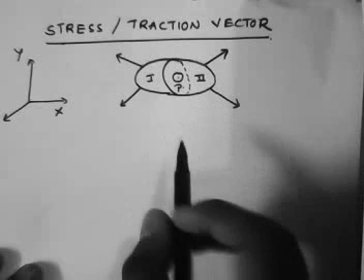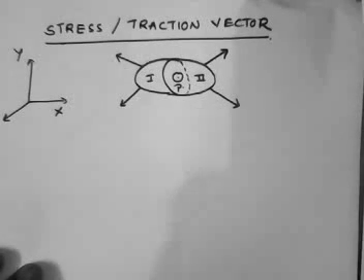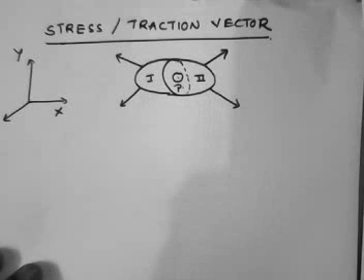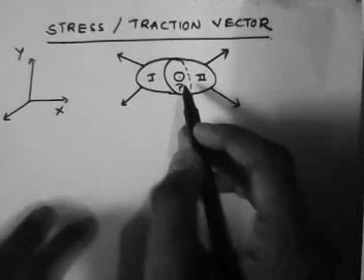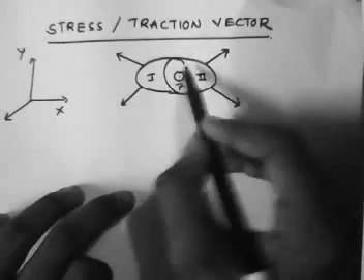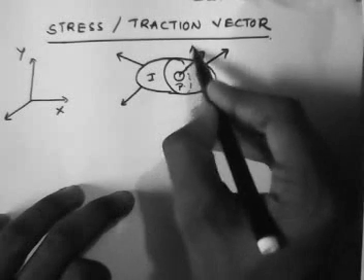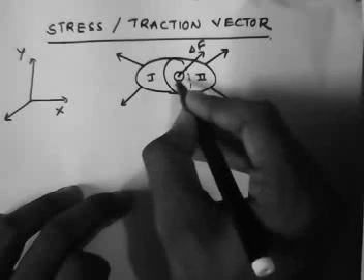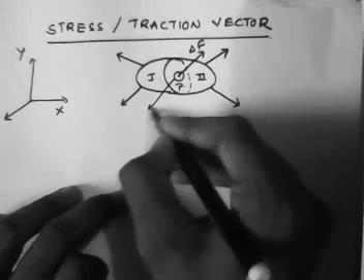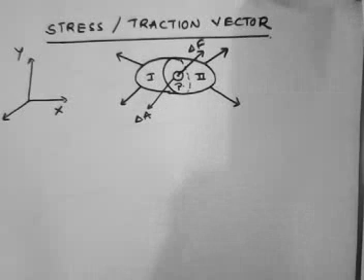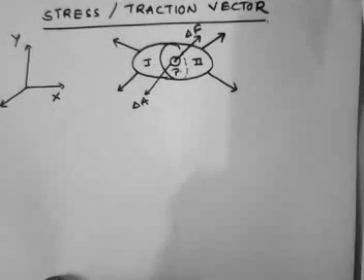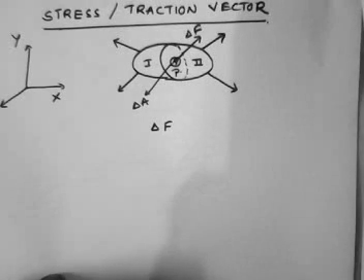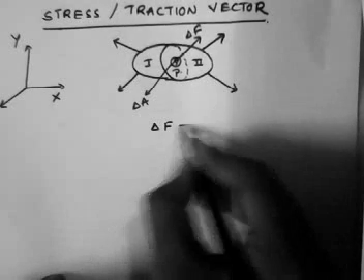This is a body under equilibrium, and if you make an oblique cut by which you split this body into 2 parts, the first part and the second part, and you consider a point, at that point some general force is acting in a particular direction, and the area around this point you consider as delta A. So now we have the force del F in a particular direction.